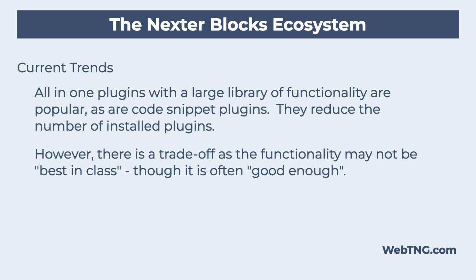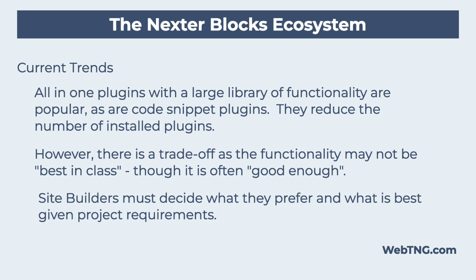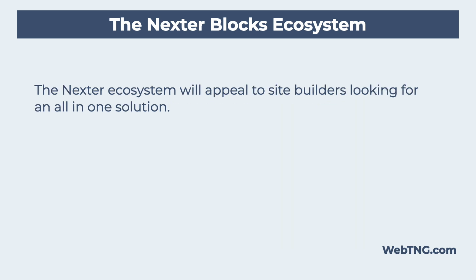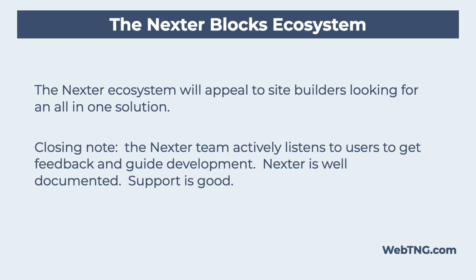Well-crafted single-purpose plugins are more likely to be best in class, while with an all-in-one solution, you sometimes end up with a large number of features that are good enough. It's up to the site builder to determine their needs according to their preferences, goals, and project requirements. The Nexter ecosystem will appeal to site builders who want this type of all-in-one solution, and the pricing is attractive.